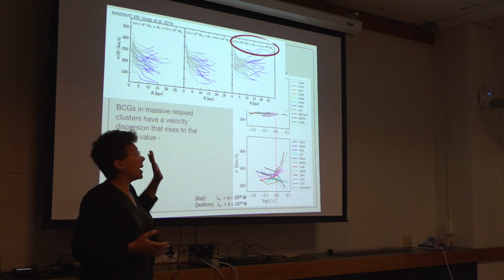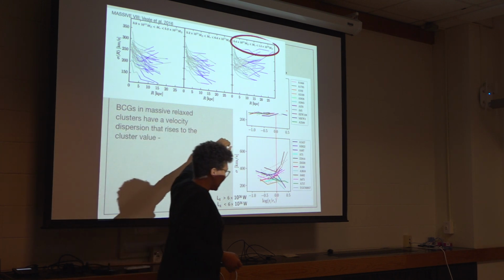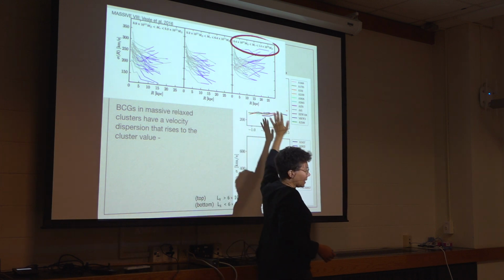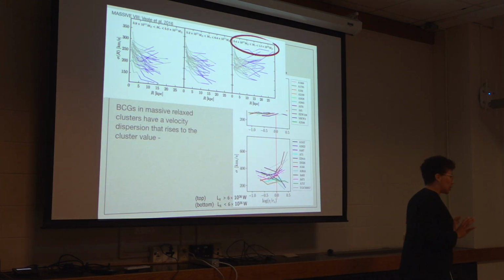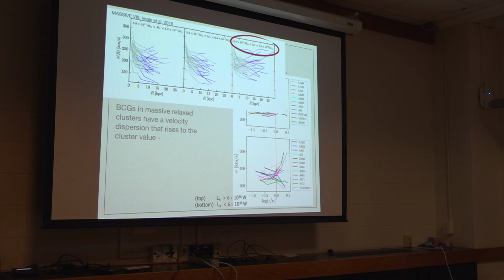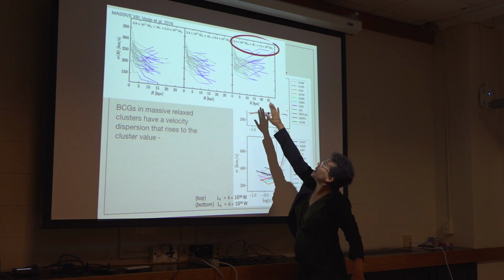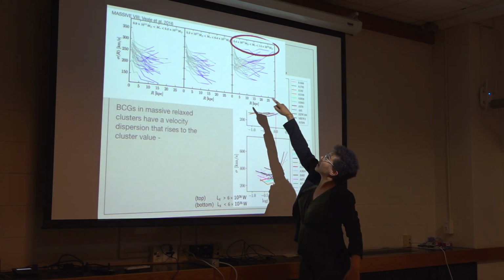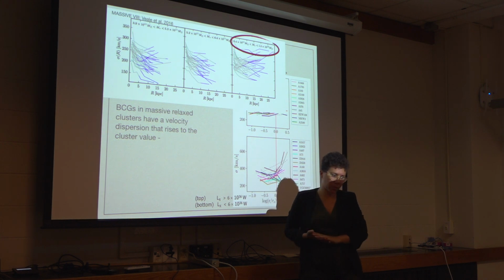They are looking at a huge mass range, and in their most massive bin live a few BCGs. That's different than ours because we are looking at just BCGs. But they have a few BCGs in this most massive bin, and you can see in a few of their galaxies, they see this rise in velocity dispersion as well.